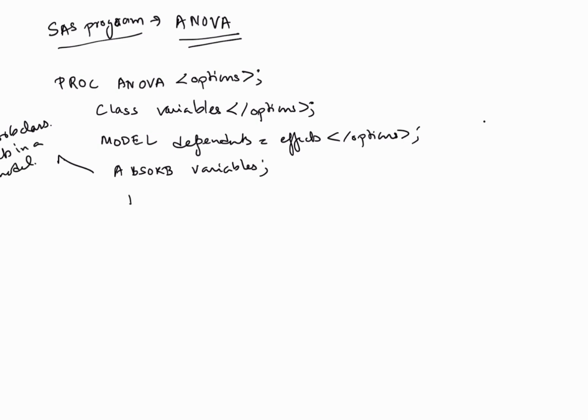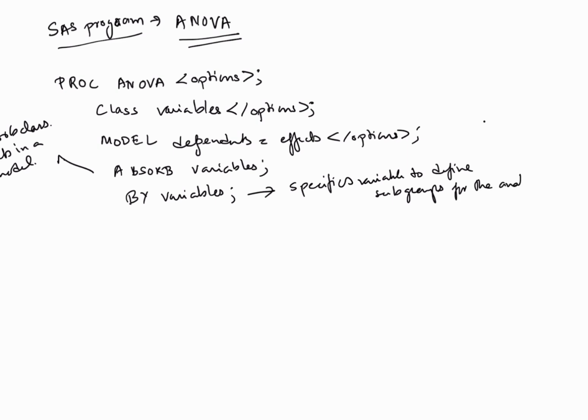Then you say BY variables, which specifies variables to define subgroups for the analysis. And then you can also write FREQ, variable list.